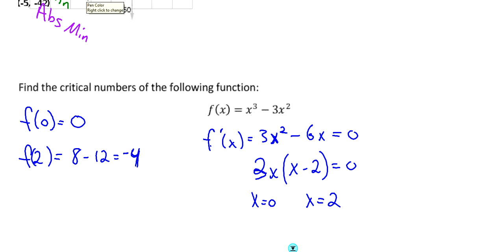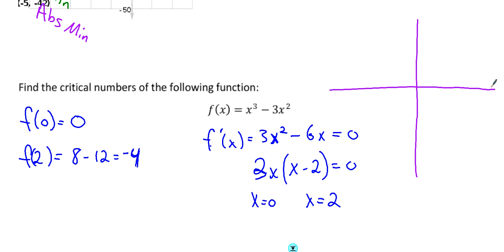Now, if you use some of your pre-cal background, and we looked at the graph of this, we have the points 0, 0, and 2, negative 4. Those are the points that we're using. Also, if you factor your original equation, you get your zeros at 0, which we already have, and positive 3.